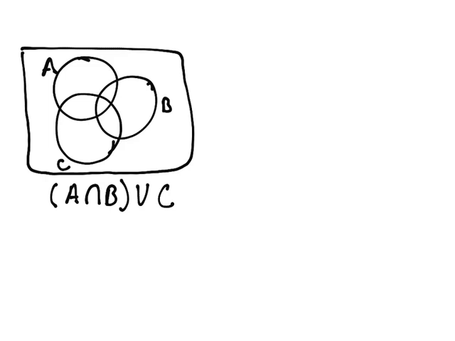So we have the intersection of A and B, union C. So let me break that down. So right here is the intersection of A and B. And this is the union of C.